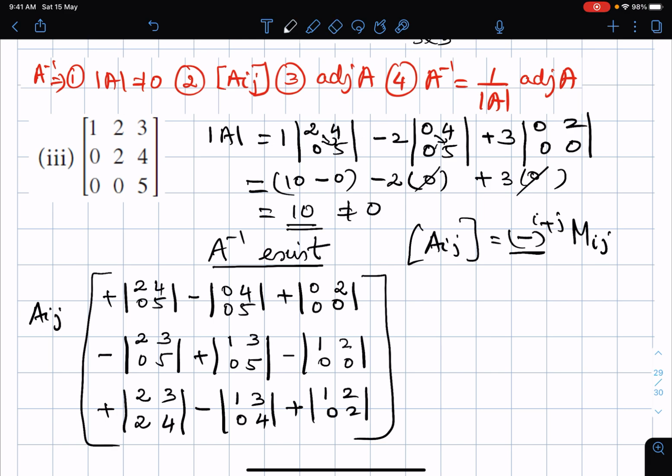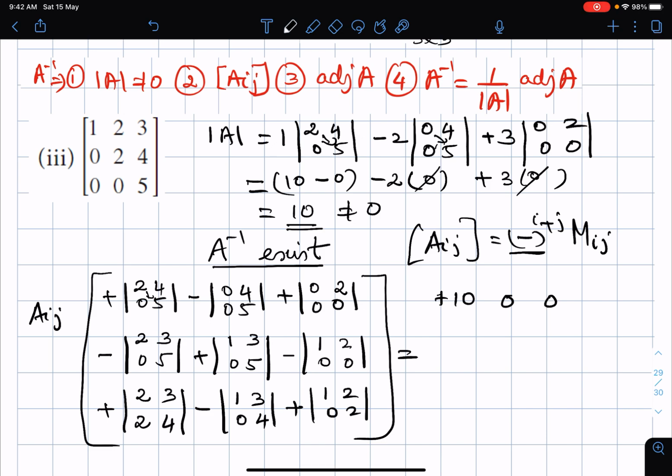Now you are going to expand this one. This is nothing but you are going to solve these determinants. So when you cross multiply, you will get first as plus 10. Second one is going to be 0 minus 0, and third one is also going to be 0 minus 0.